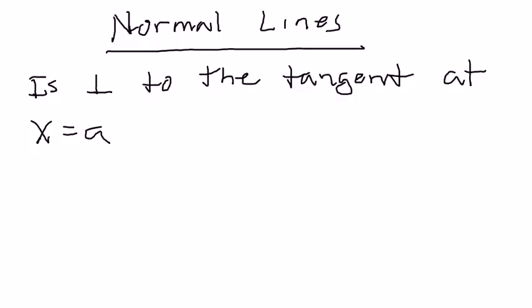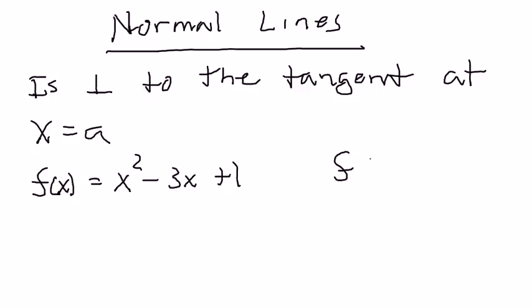What ends up happening is that, let's say I had a function like this. Let's say I had f of x equals x squared minus 3x plus 1, and I have the point f of 1 equals negative 1. That point falls on the graph.